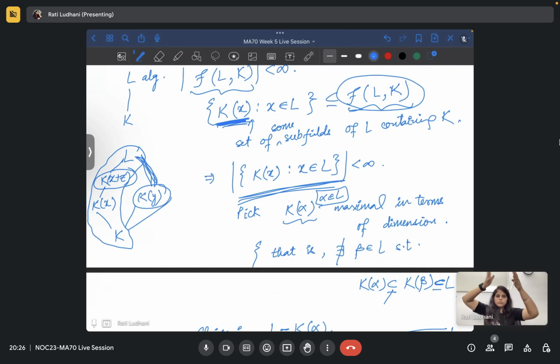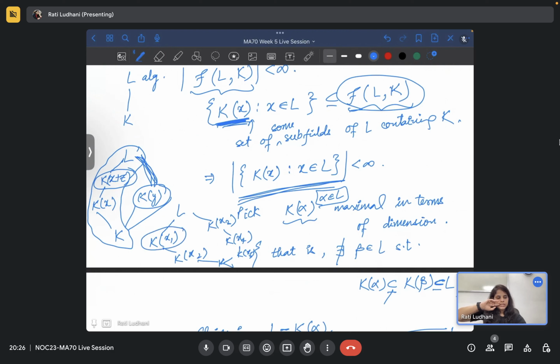There could be many chains, many containments. We don't know. There is some, let's say K(x1), K(x2), and there is some other, let's say K(x3), K(x5). I'm just picking any representatives. There could be many chains, but we just consider the maximal one.